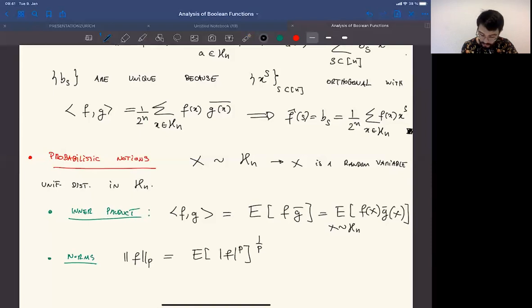What else? Oh, so what we observed before, maybe I should make a note here. What we observed before was that if I take x to the s, and I take, say, x to the s prime, and take the inner product of these two things, this is a delta of s comma s prime, which means it is 1 if the sets are equal and 0 if they're different. Okay, that's what I meant by this set of functions being orthogonal.